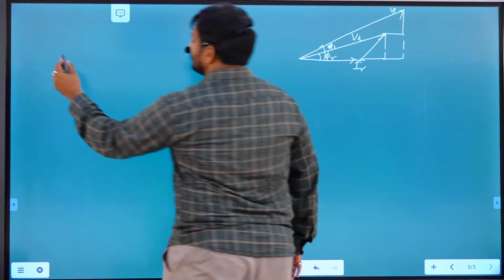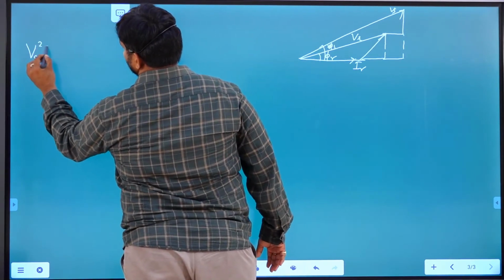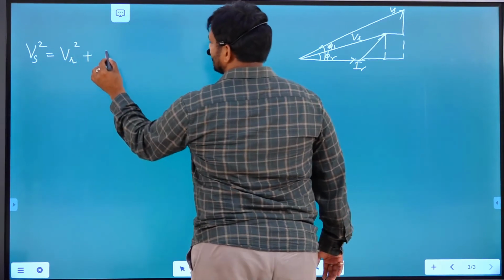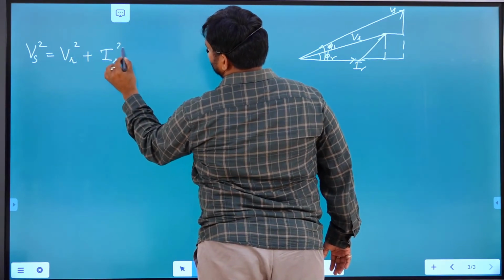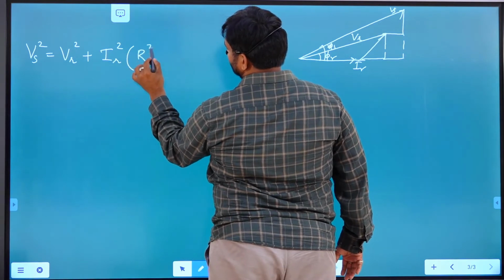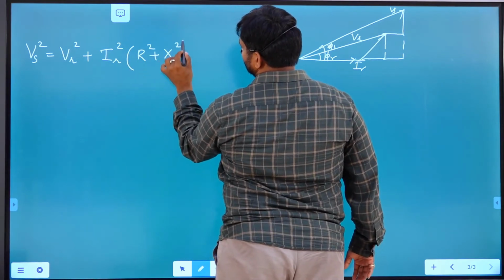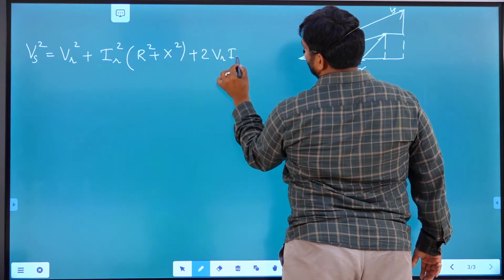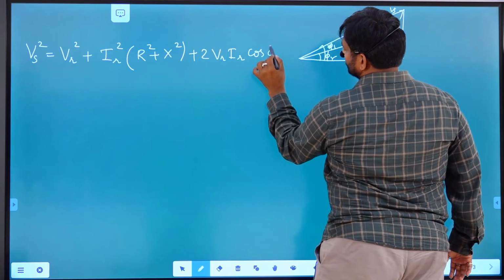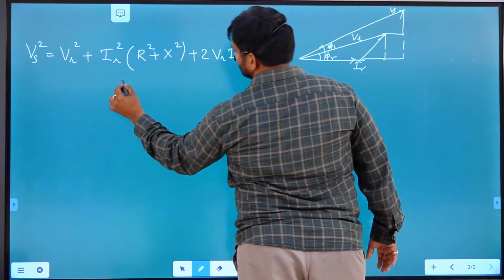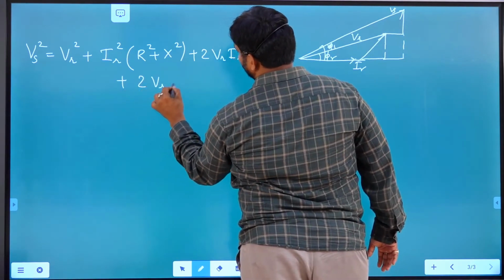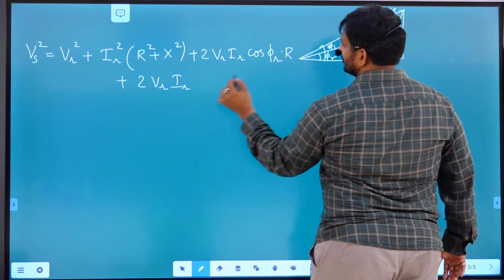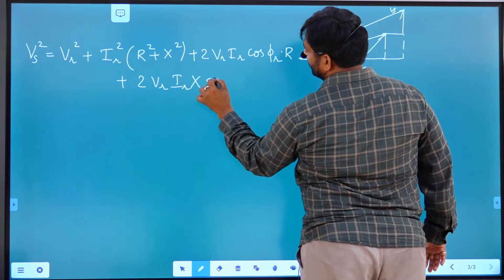Finally we got this formula: VS square is equal to VR square plus IR square into R square plus X square, plus 2 into VR IR R cos phi R, plus 2 into VR IR into X sin phi R.